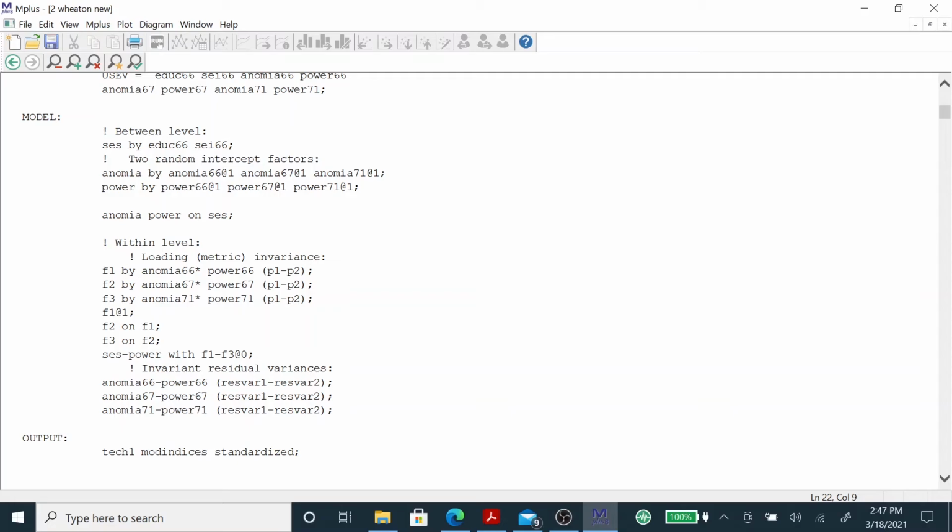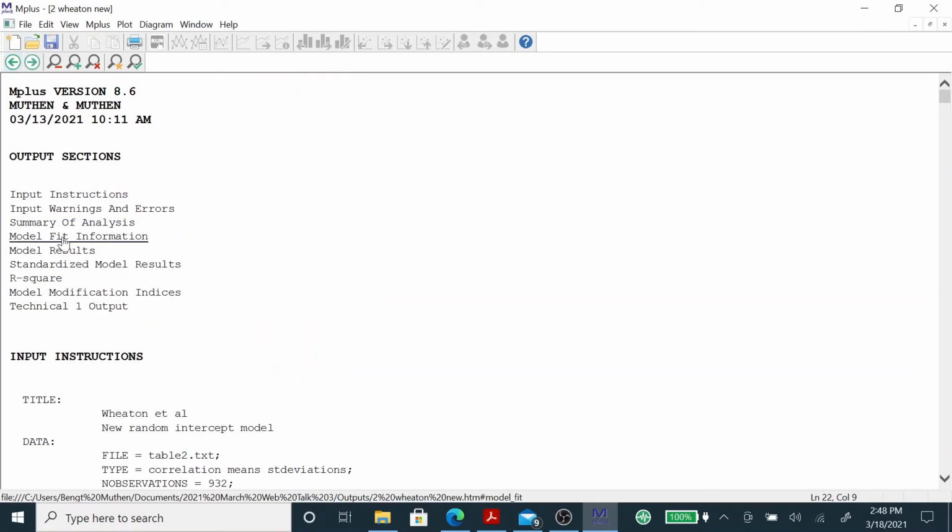So SES, anomia, and power factors, all 3 of them are uncorrelated with the time-specific factors F1 to F3. So no correlation across between and within, so to speak. And then I have the invariant residual variances here. The 2 residual variances for each time point are equal across time. I could also somehow try to hold the factor variances equal across time. I don't do that here. I don't think it's entirely necessary, and we are going to skip that.